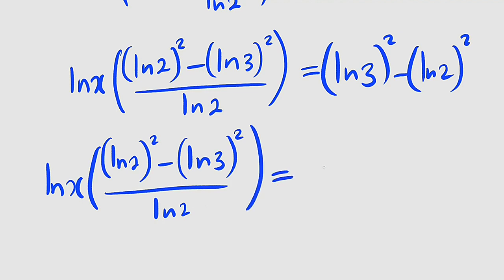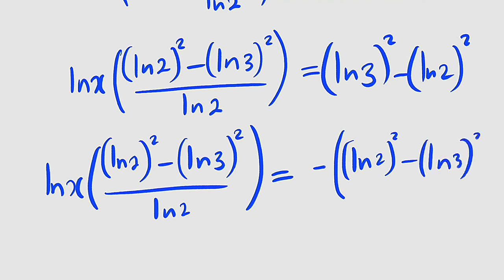This is equal to minus the whole of what? ln2 all squared minus ln3 all squared. If you distribute this negative sign, it will give us this back. It doesn't matter. We are doing this because we want to cancel this with this, right?